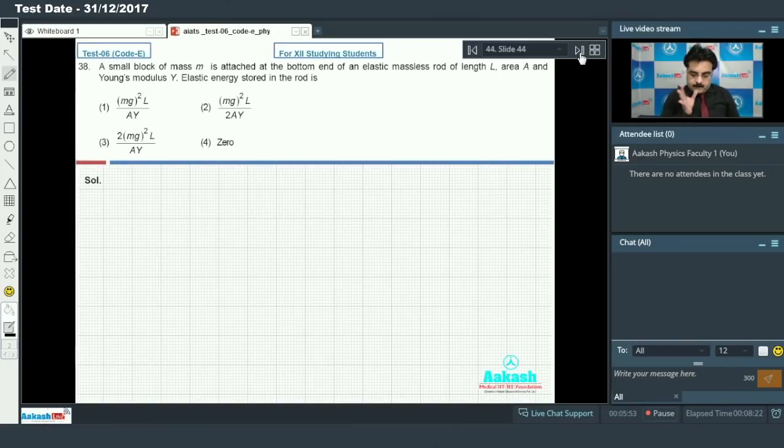In question number 38, a small block M is attached at the bottom end of an elastic massless rod, length L, area A, and Young's modulus Y. Find the elastic energy stored in the rod.